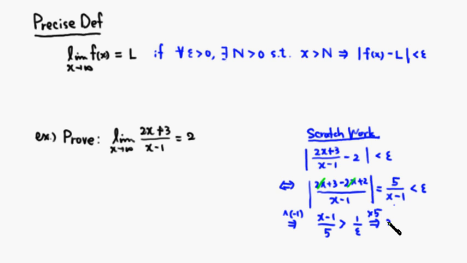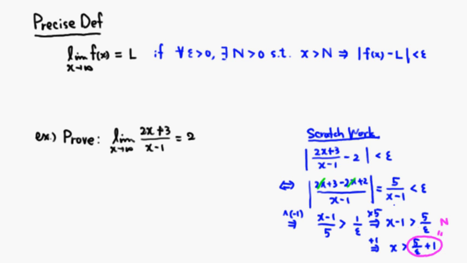Then you get x minus 1 is greater than 5 over epsilon. Then we can just add 1 to both sides, so x has to be greater than 5 over epsilon plus 1. Now we found the expression for n. So this is going to be our n.